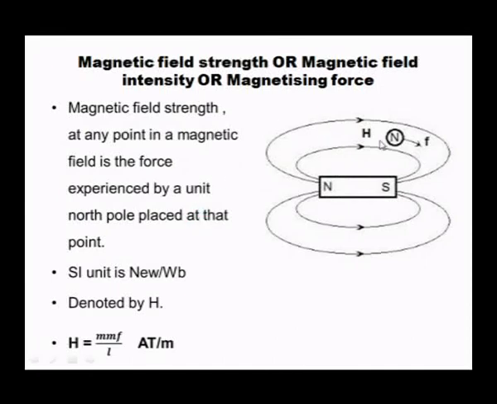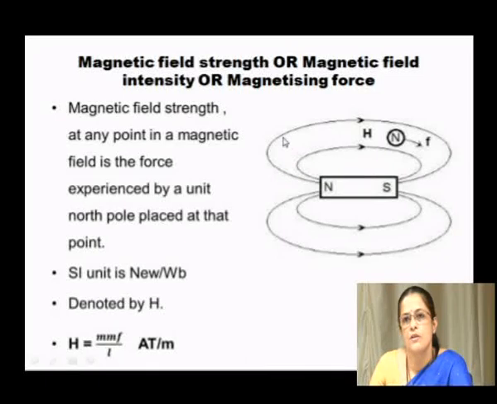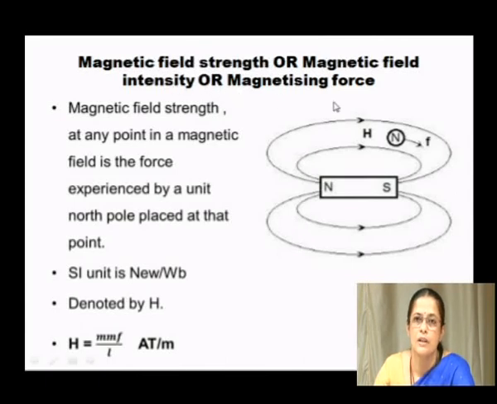Okay, we will move to the next definition, magnetic field strength, also called magnetic field intensity or magnetizing force. We know that in the space around the magnet, there is a field existing which has a force. Now, how do we define that magnetic field strength?